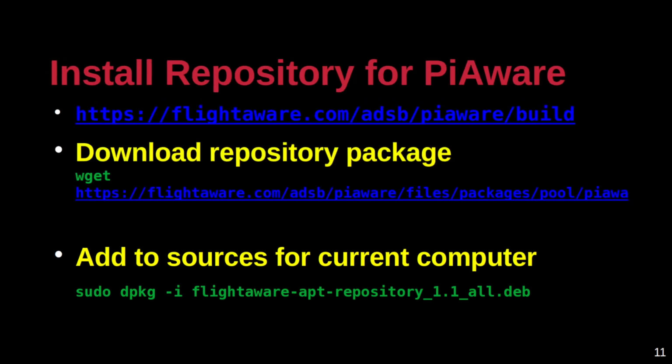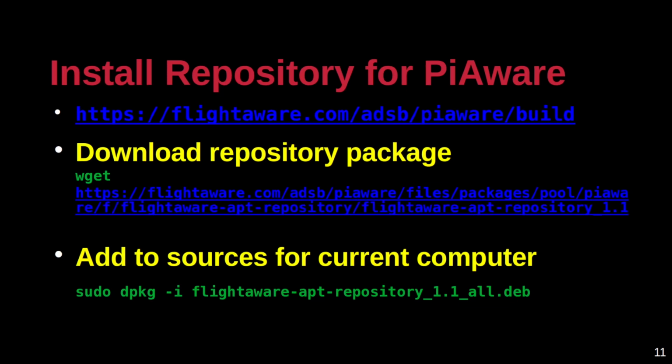Download the FlightAware repository package and install it so that FlightAware software can be installed with the operating system's package manager, also known as Aptitude. The corresponding command is abbreviated to apt.